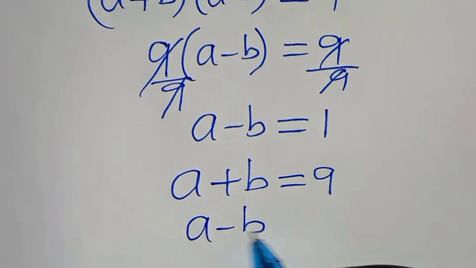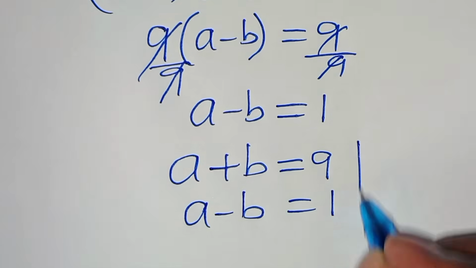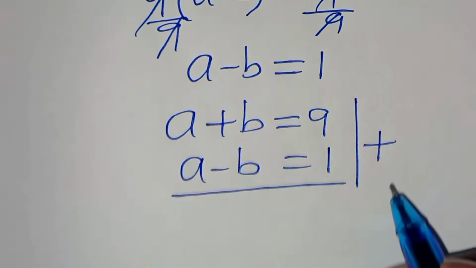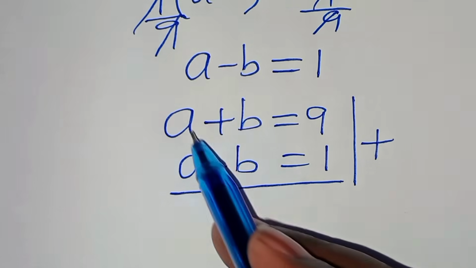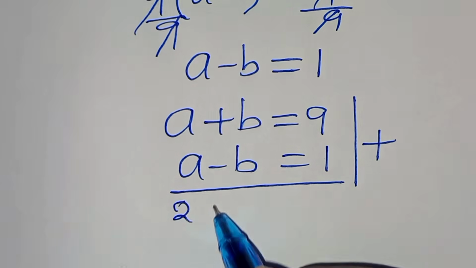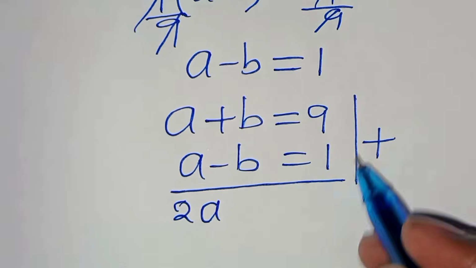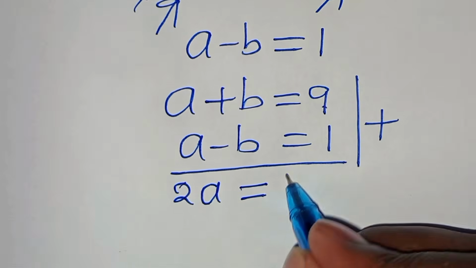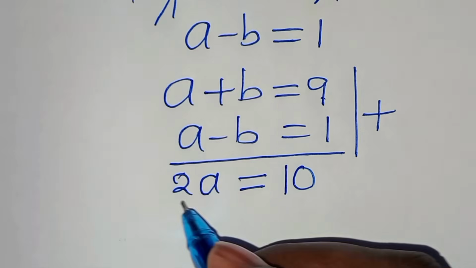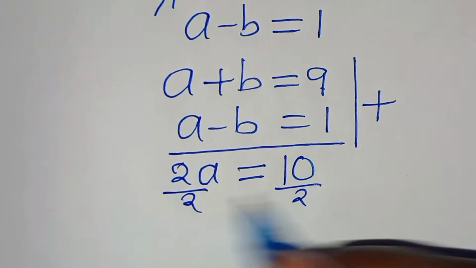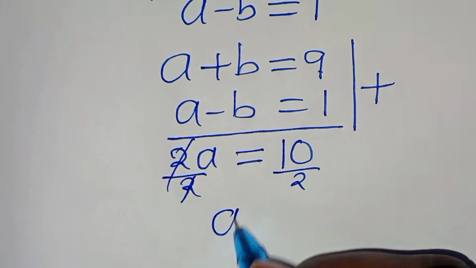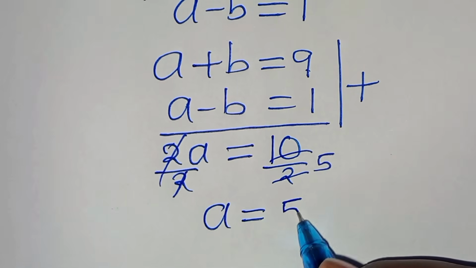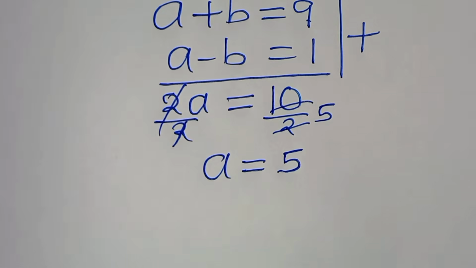These are systems of two linear equations, so let's sum them. a plus a is 2a, plus b plus minus b simplifies, then we have 9 plus 1, which is equal to 10. Let's divide both sides by 2, and this implies that a is equal to 10 divided by 2, which is equal to 5. So a is equal to 5.